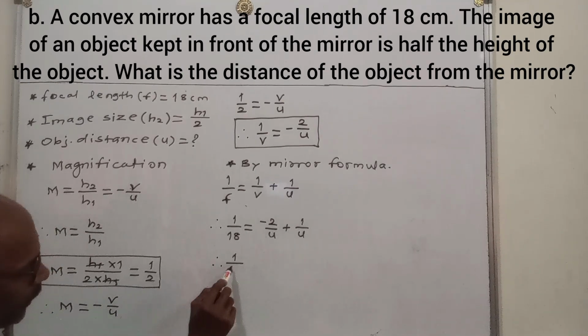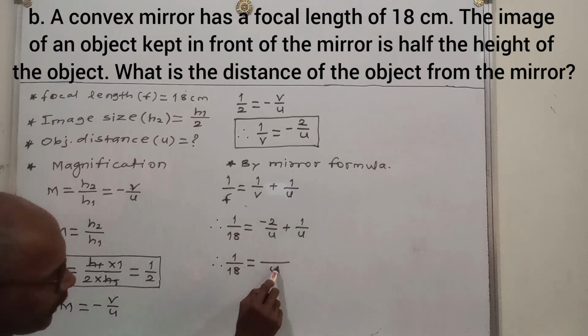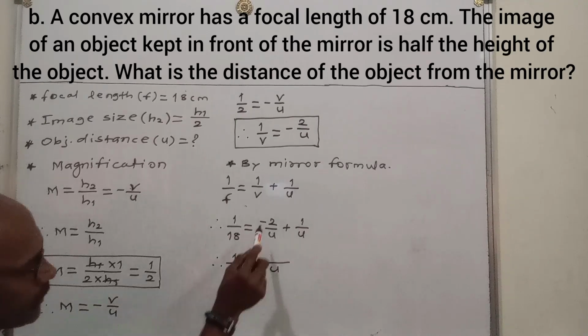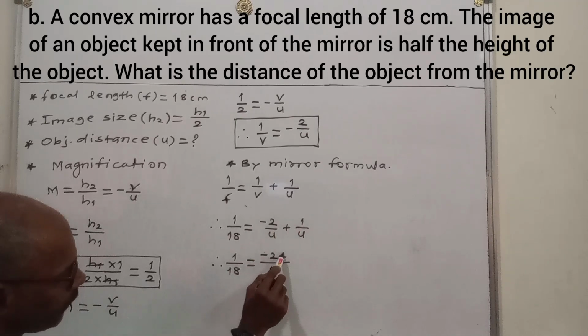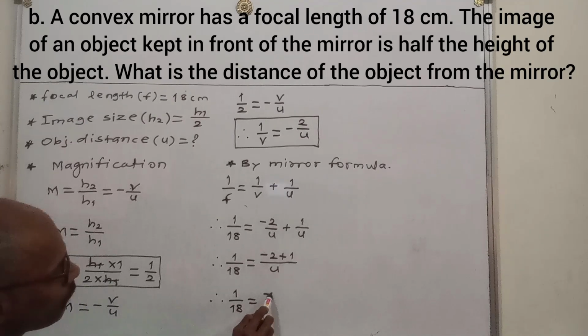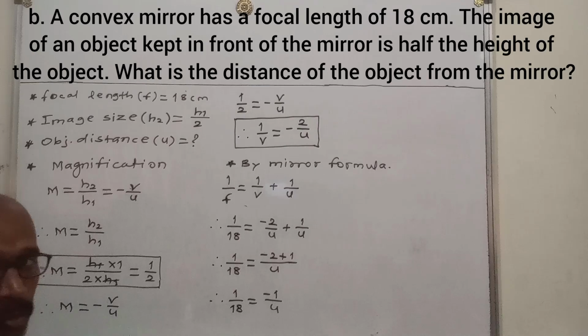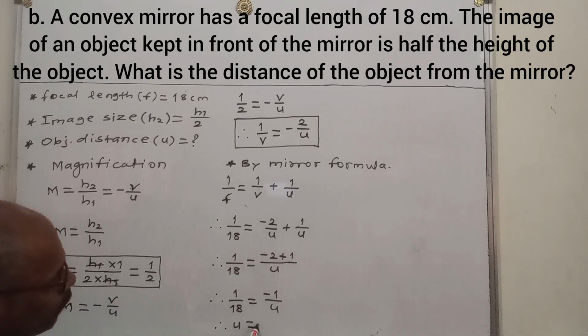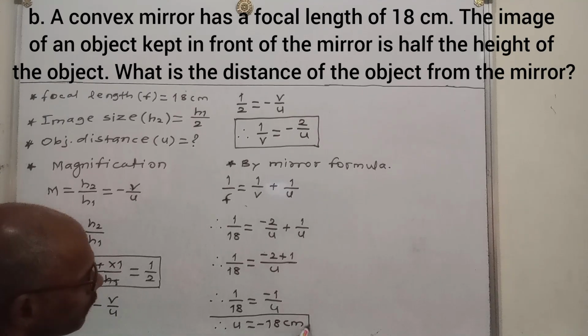Therefore 1 upon 18 is equal to, denominator same, so write as it is, minus 2 plus 1. Therefore 1 upon 18 is equal to minus 1 upon u. Therefore u is equal to minus 18 centimeter. Did you get it?